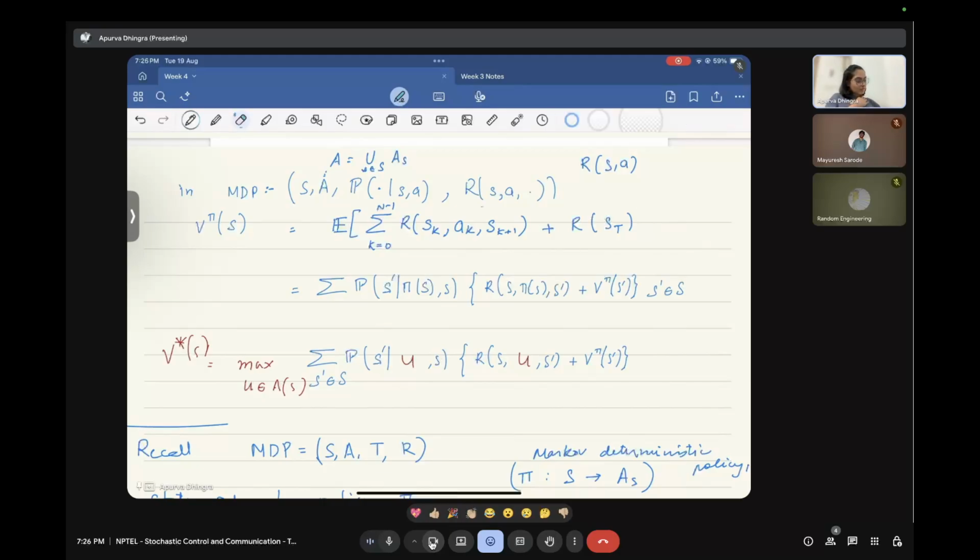This expectation, when calculated assuming that our problem started with the initial state S0, if we assume S0 was the state S, then what we get is called the value function in the MDP language.